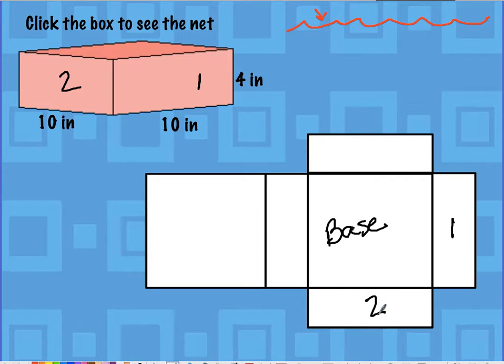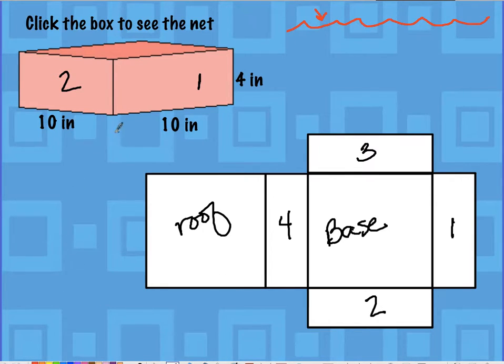And then of course this one is going to be congruent to this one, and 1 is going to be congruent to 4. And then my bases also have to be congruent because these are prisms. So we talked about how we refer to kind of like a house, so we have the base or the floor and the roof.